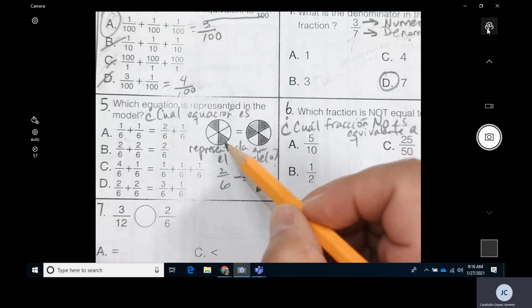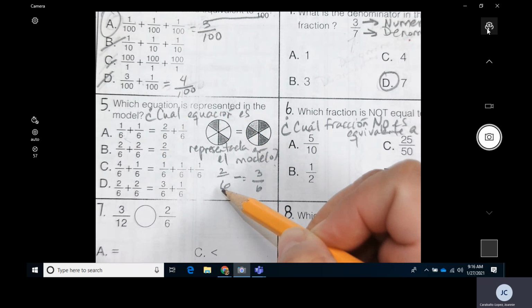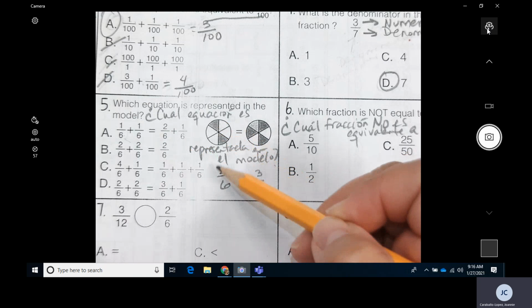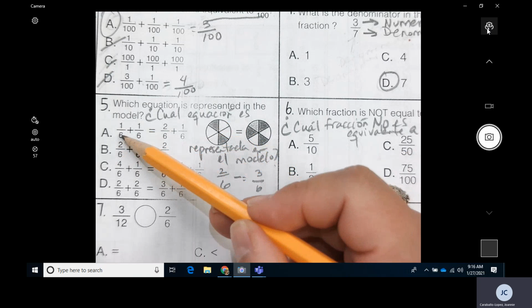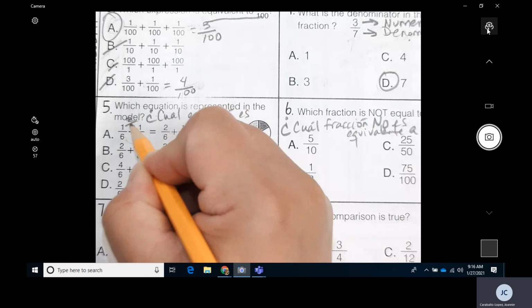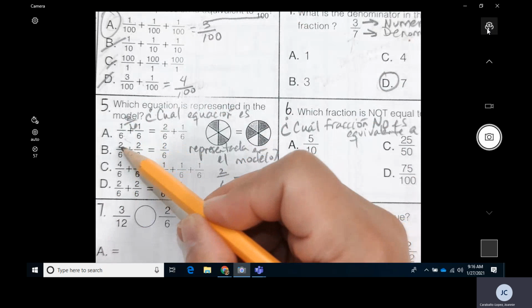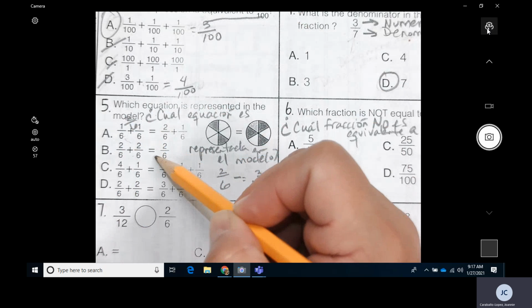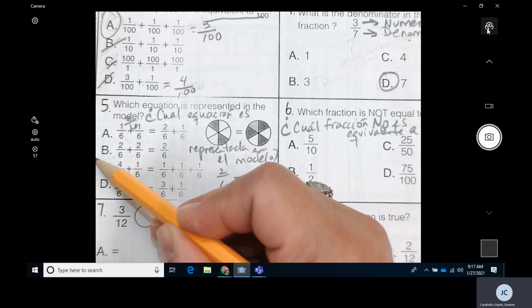So how can I represent, the first fraction is what? All eyes up here. The first fraction is what? 2/6. So right here in A, I have 1 plus 1 is what? 2/6, right? Then I have, in B, how much? 4/6.